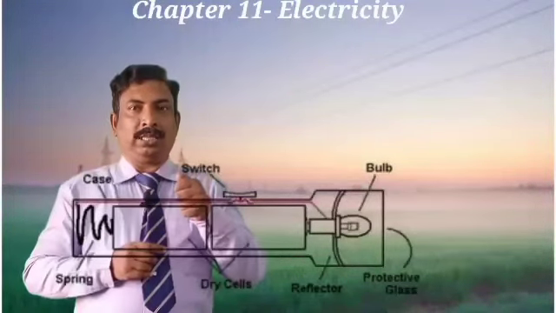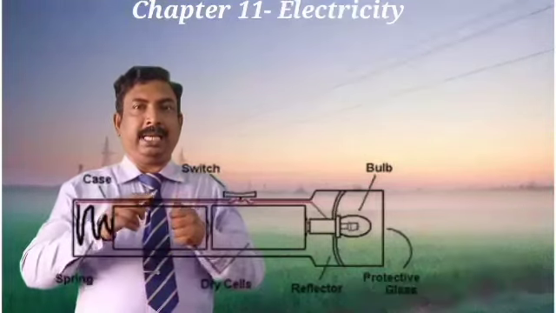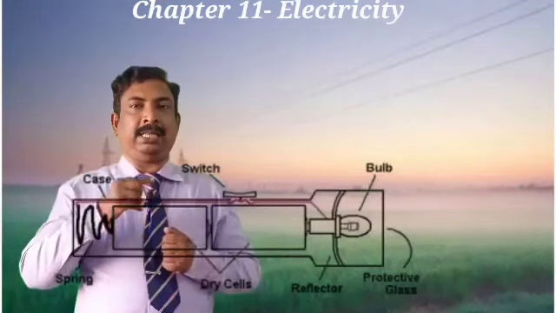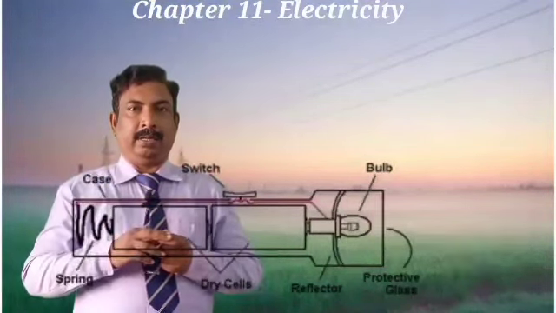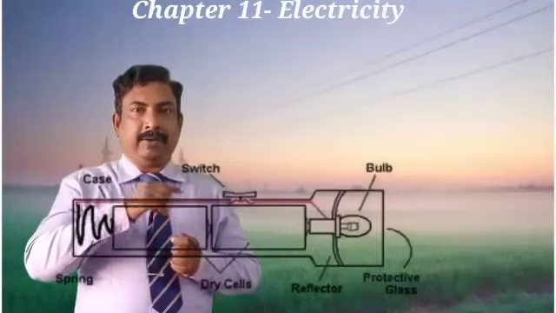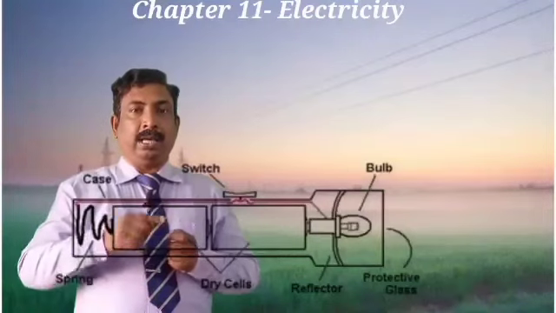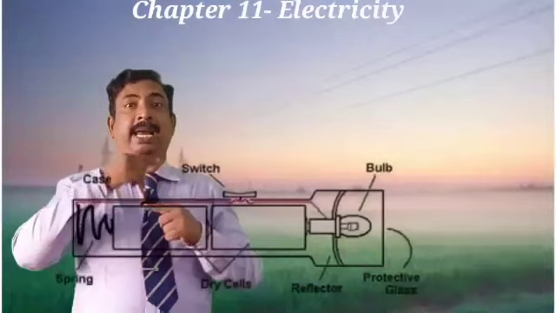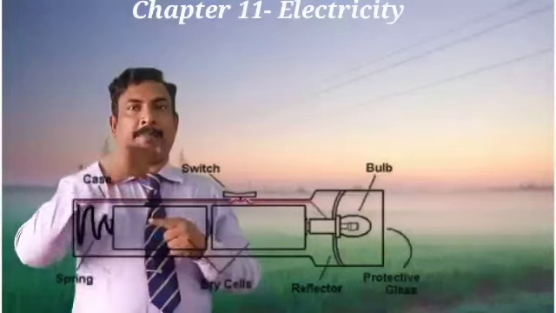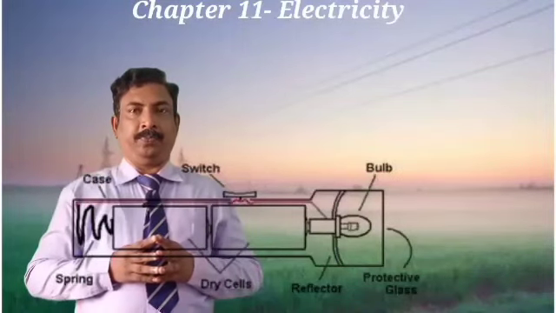So when I close the switch, you can see that a flow of charges happens in the wire and makes the flow of charge continuously in a complete path. That arrangement which makes the electric charges flow in a circular path is called a circuit.